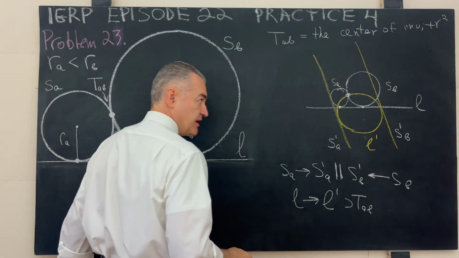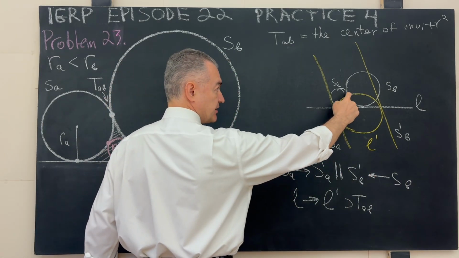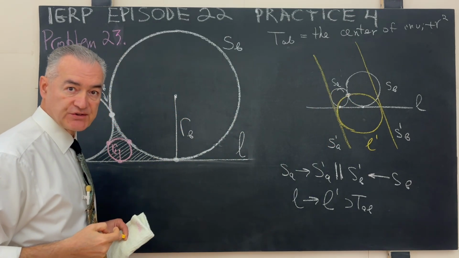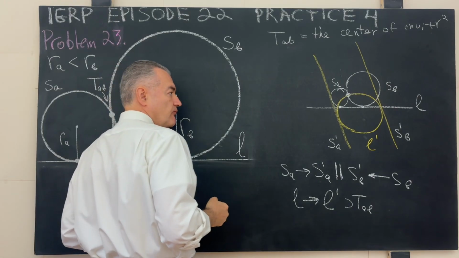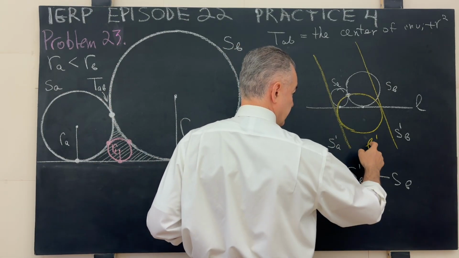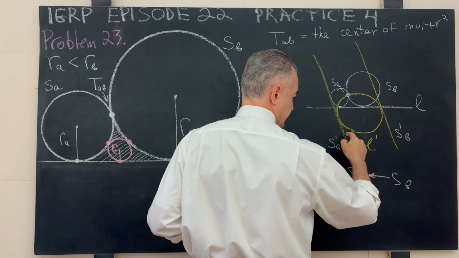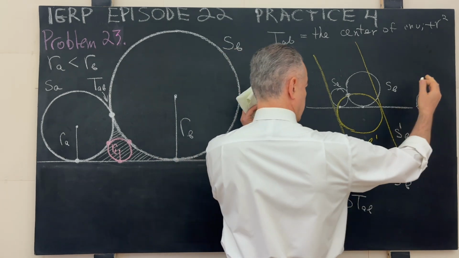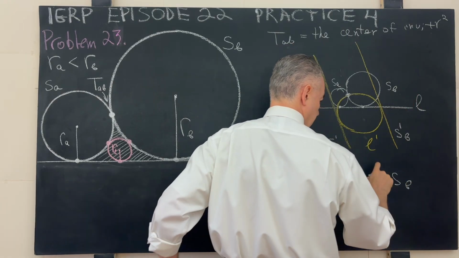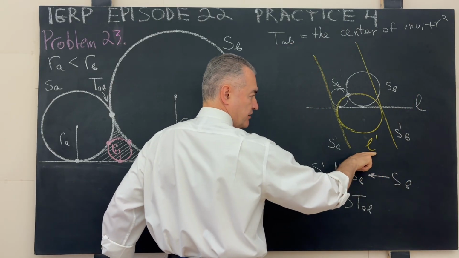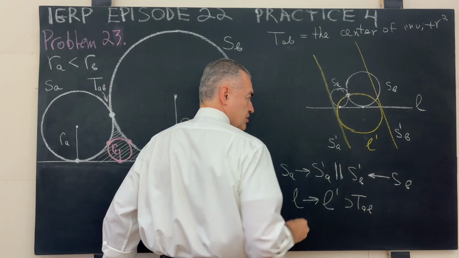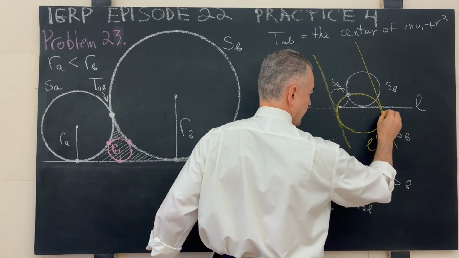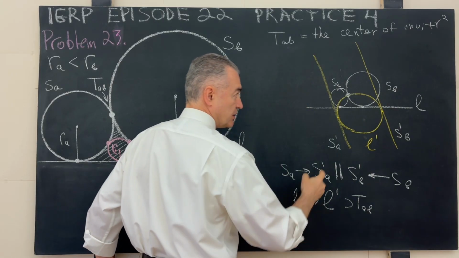And that means that under the inversion that is centered at the point of external tangency of the generating circles SA and SB, under that inversion, the straight lines S prime A and S prime B will sort of squeeze in between them the image of the straight line L, the circle L prime, which will touch these straight lines at a couple points, which are actually the images.